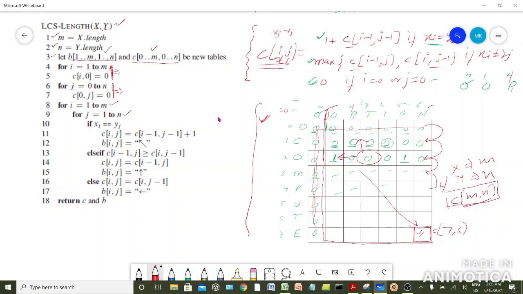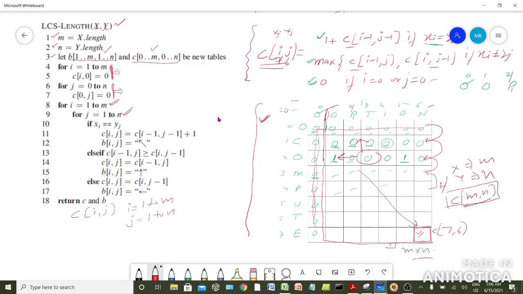Fine. So we need to run two loops. One is i is equal to 1 to m, for j is equal to 1 to n. Because this matrix is of the order of m by n. Means m number of rows are there and n number of columns are there. Fine. So now we are just going to fill the entries of c of i and j, where i varies from 1 to m and j varies from 1 to n.